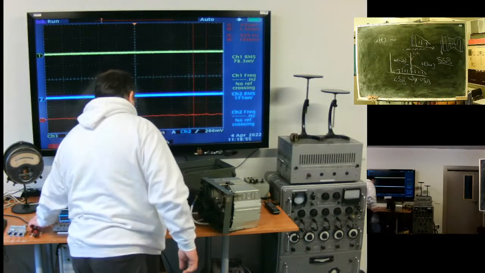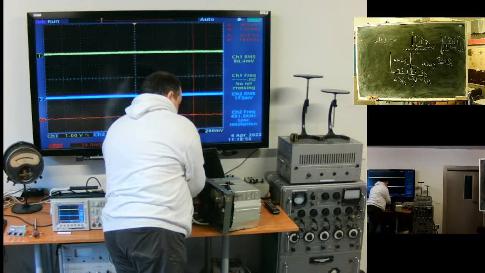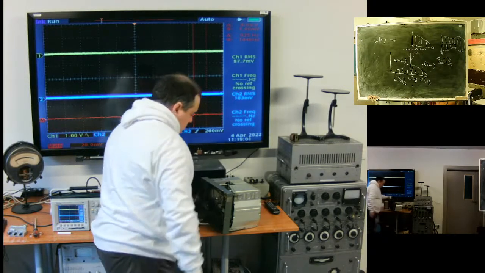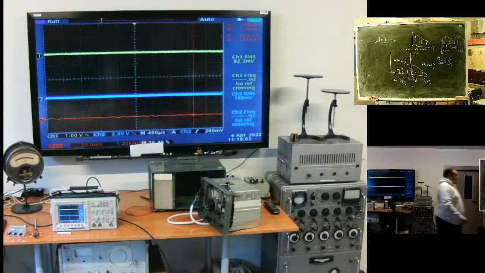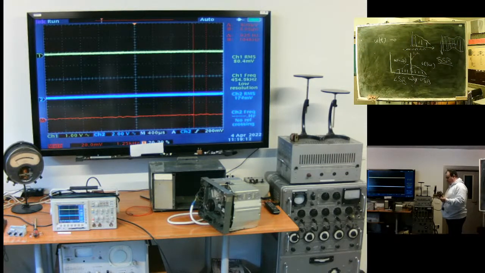Now I need a power supply. I didn't manage to get the original one, they're quite rare.